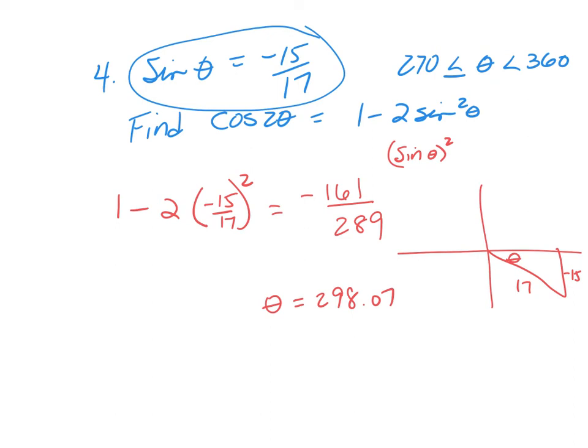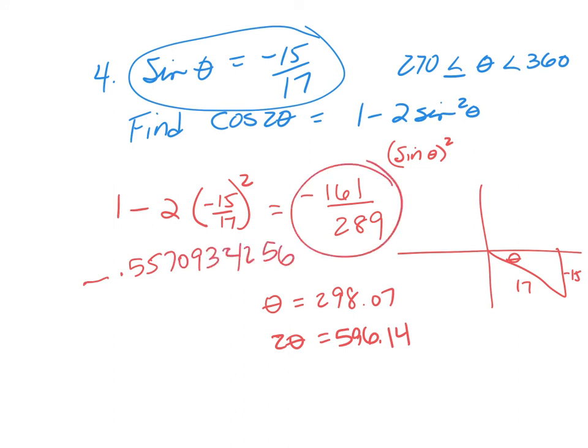Times 2 is 596.14, and we need to find the cosine of 2 theta, so cosine of second answer, and we get negative 0.557093. And then we put that in the calculator, and we say a little prayer. And oh my gosh, it's the same exact number.